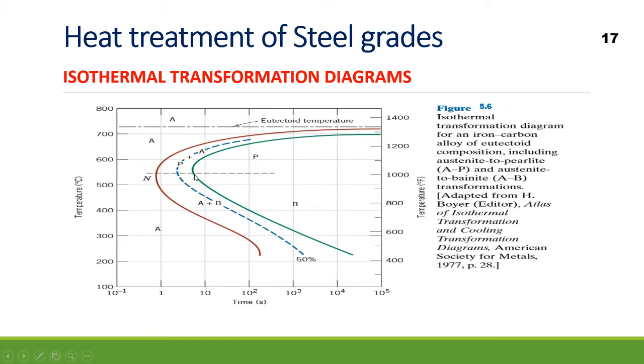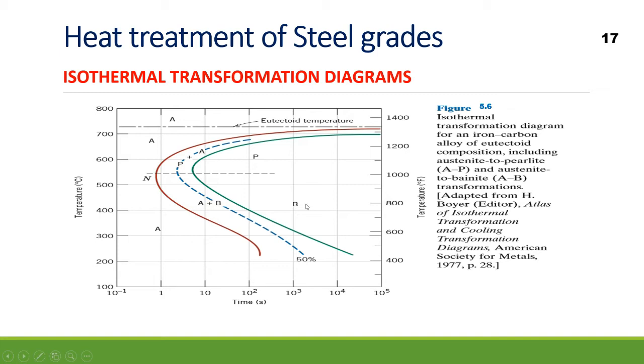So here I want to mention that normally pearlite will form if you cool down the sample and hold it near 540 degrees Celsius. If you hold it at 540 or above 540, you will get pearlite. But if you hold it below 540, down to 200, you will always get bainite.